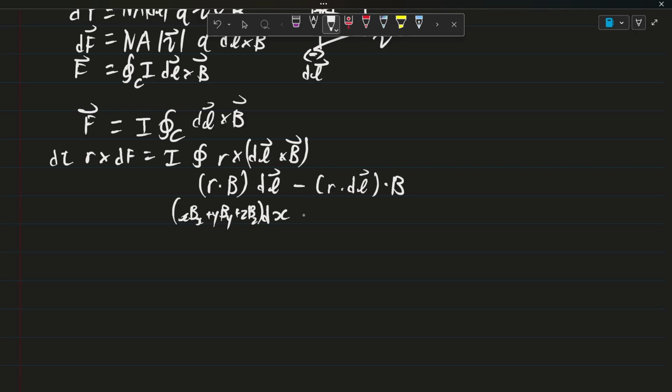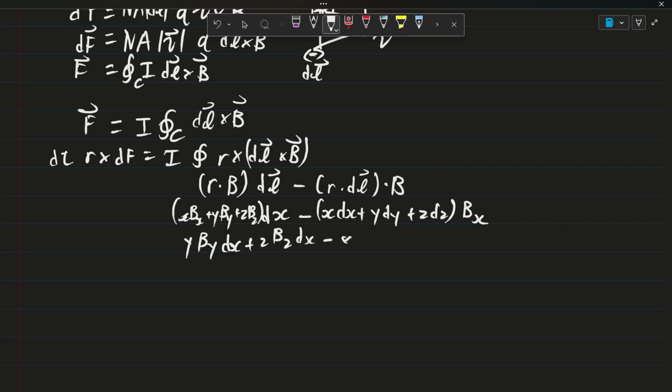And then for the other one, this would be x dx plus y dy plus z dz, everything multiplied by Bx. So what we end up having is y By dx plus z Bz dx, subtracted by y dy Bx minus z dz Bx. And there are obviously some other components in the y and the z direction, which we don't calculate because they will be very similar.